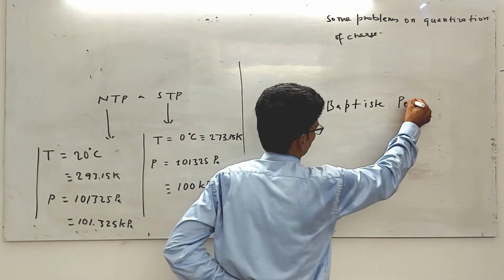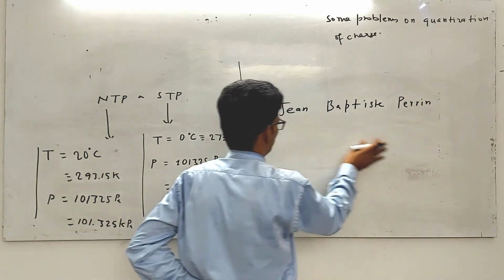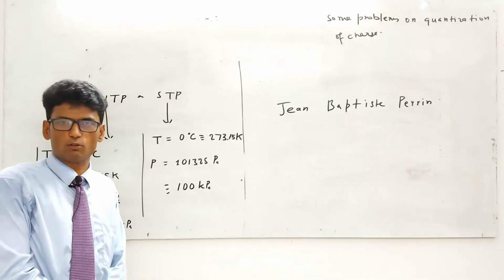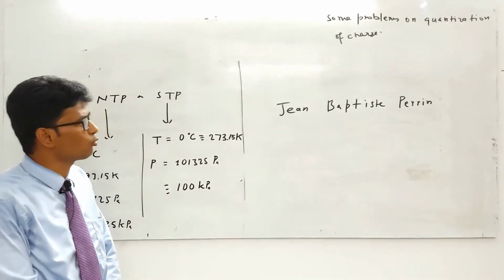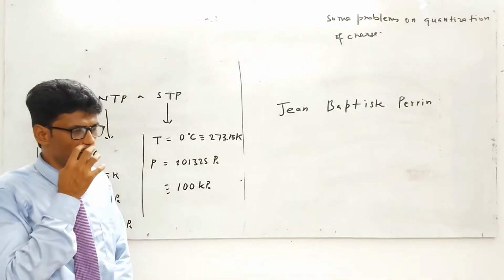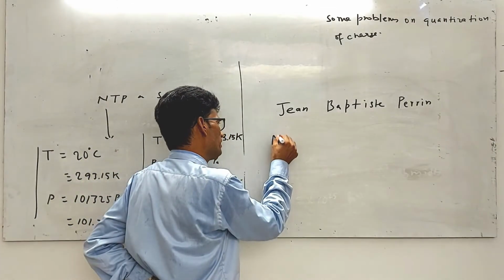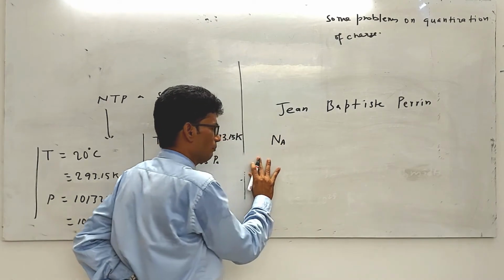He named that number as the Avogadro number. Why he coined it as the Avogadro number, he knows better. So he coined this number Na as the Avogadro number.